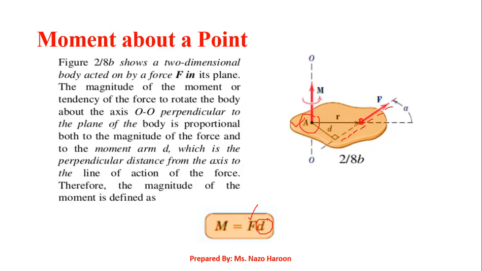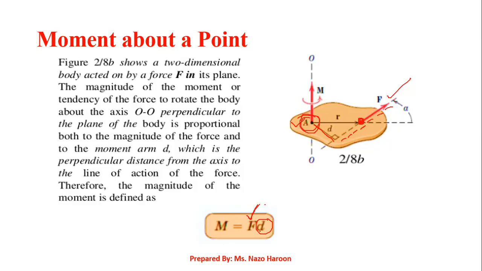The distance between the line of action passing through the point of application of this force and the point about which you have to find the moment, this perpendicular orthogonal distance, is known as the moment arm. You have to multiply the externally applied force with that moment arm in order to find the moment.